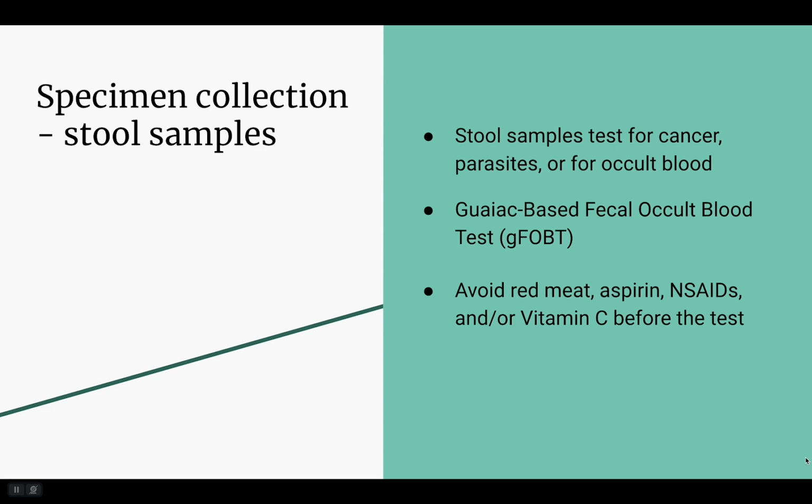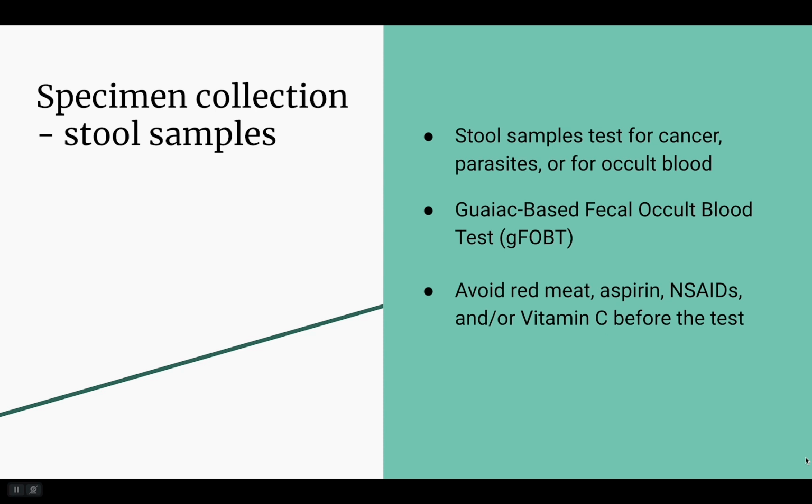Before the test, the nurse should verify that the client has avoided red meat for 3 days and has not taken aspirin or nonsteroidal anti-inflammatory drugs, NSAIDs, such as ibuprofen, for 7 days prior to the test. Blood from the meat can cause a false positive test. Aspirin and NSAIDs can cause bleeding, also leading to a false positive result.